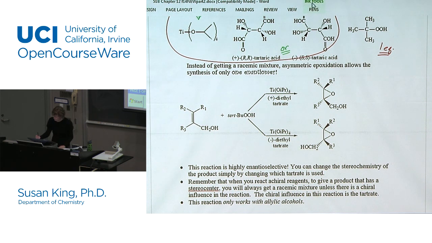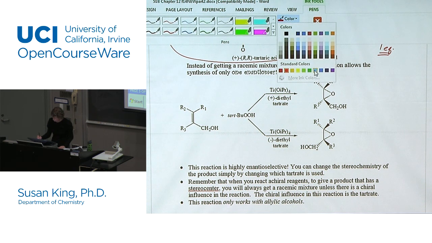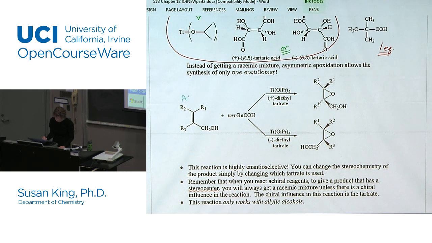So here we have achiral. This is achiral. But this is chiral. And you can see that you can choose which enantiomer you want based on the catalyst that you use.